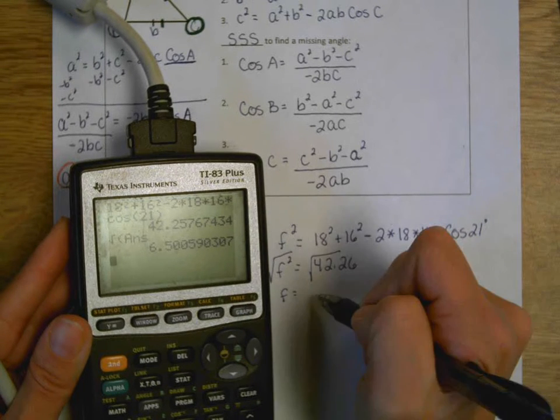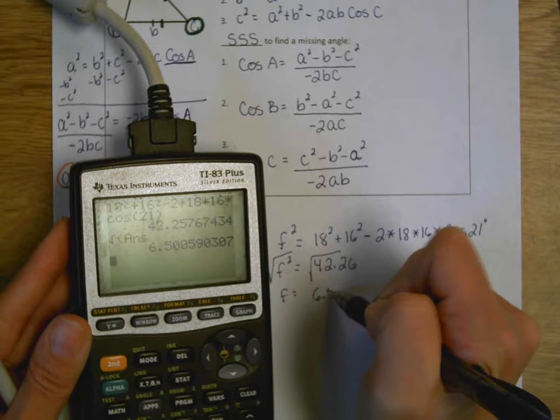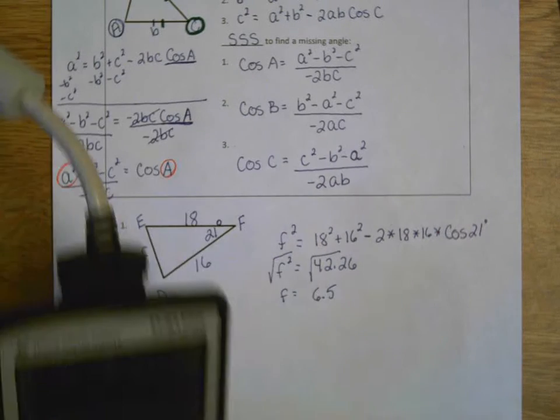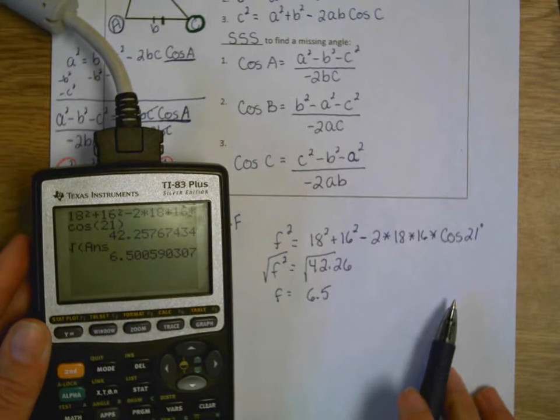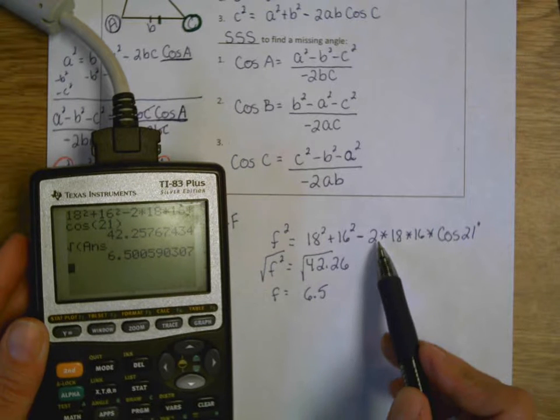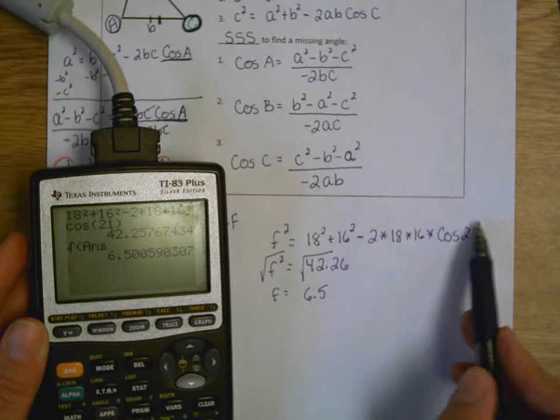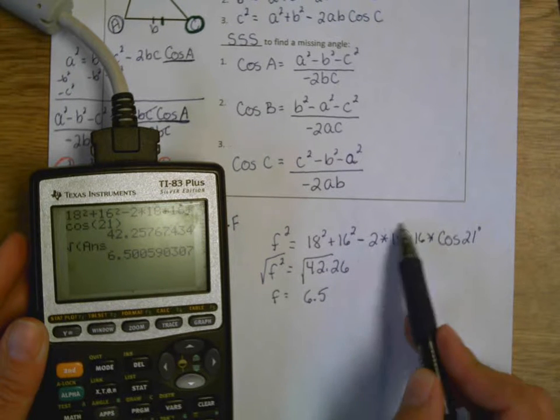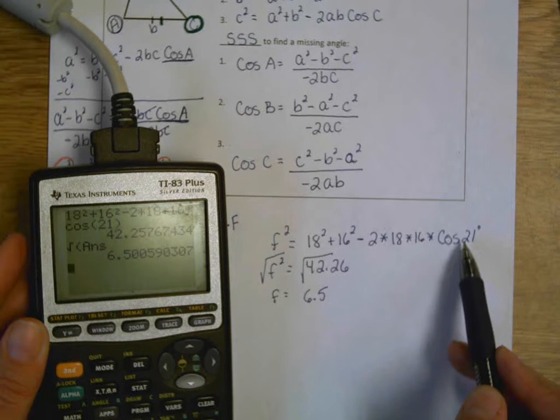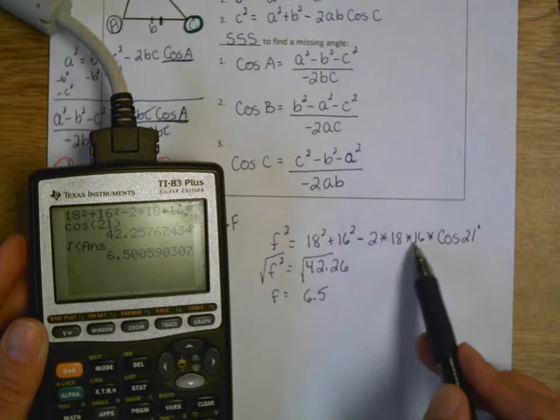Okay, we got to make sure everybody can work their calculators now. Okay, you need help. There's always this option where you use your calculator and do 2 times 18 times 16 times the cosine of 21. Get that number there. Yours shouldn't have a problem doing this all in one line, though, but go ahead and do this last part.